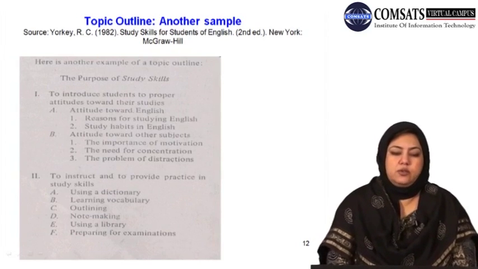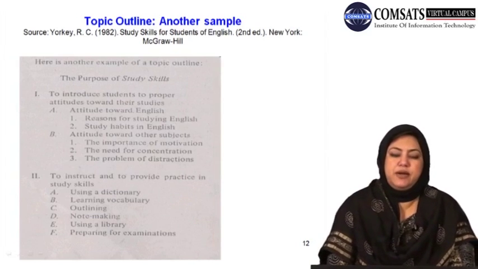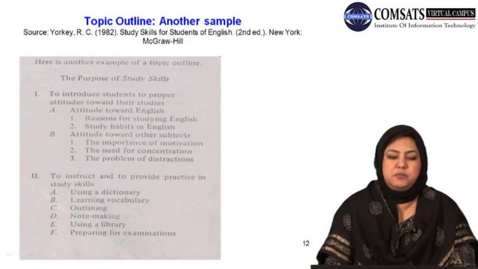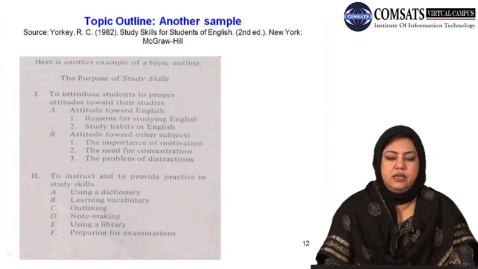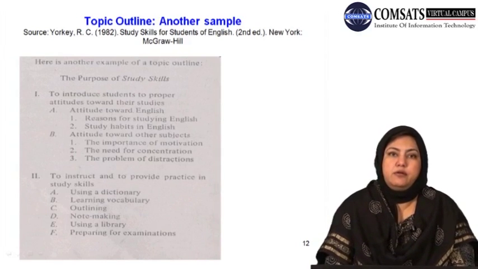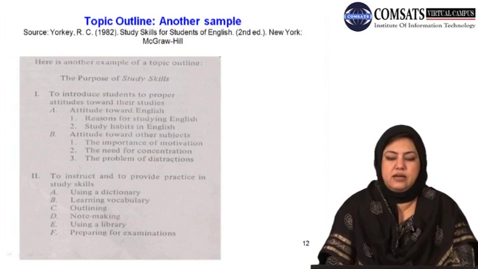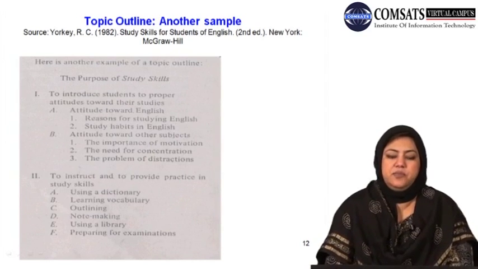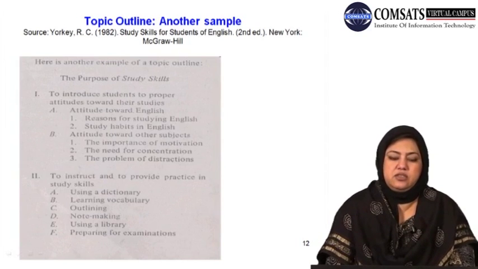Well, you can also notice that the writer has felt the need that within the first main category, the two subcategories that are provided as A and B need to have further subcategorization. That is why 1 and 2 is used for subcategory A, and under the subcategory attitude towards English, further 2 points are raised. That is, number 1, reasons for studying English, number 2, study habits in English.